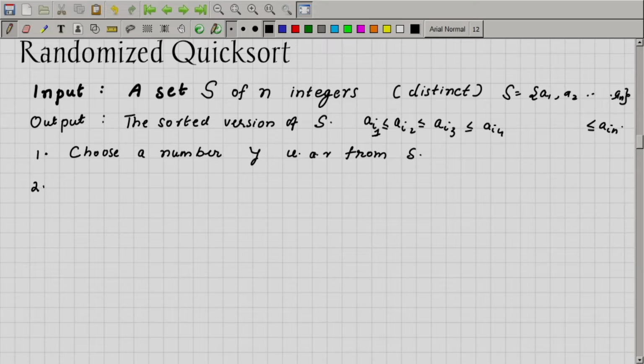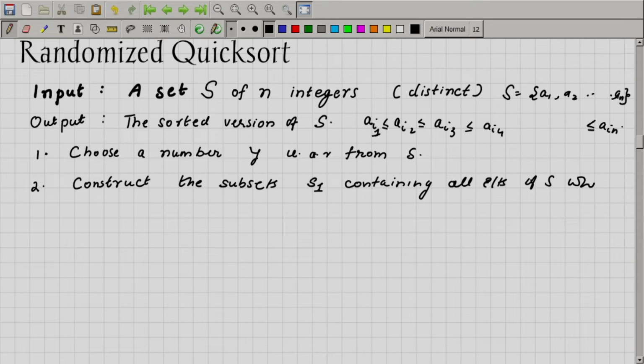The second step, construct the subsets: S1 containing all elements of S which are less than y, and construct the subset S2 containing all elements of S which are greater than y.